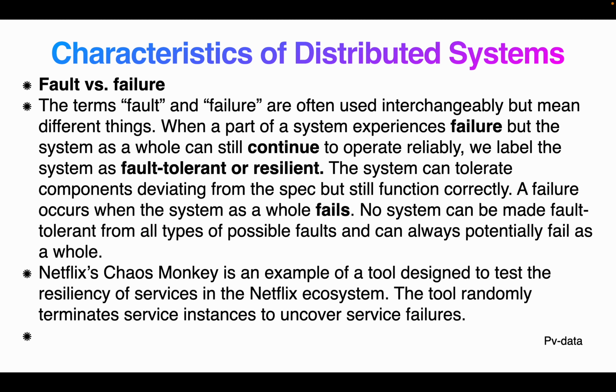A failure occurs when the system as a whole fails. No system can be made fault tolerant to every type of possible fault, so it can always potentially fail as a whole. Netflix Chaos Monkey is an example of a tool designed to test the resiliency of services in the Netflix ecosystem. The tool randomly terminates service instances and uncovers service failures. So this is just an example.